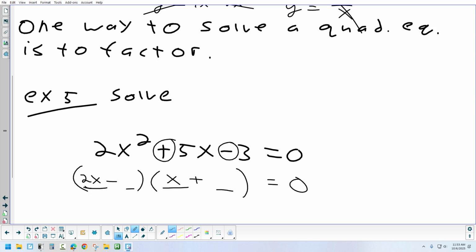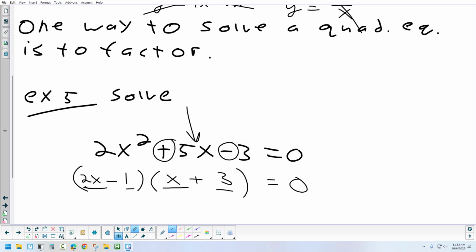Yep. 3 and 1. I'm going to put them in a different order. I'm going to do a 1 and a 3. Because, watch what happens when we check it. We already know that when you multiply the first 2, you get 2x squared. We already know when you multiply negative 1 times 3, you get negative 3. This is what we don't know. Do we get 5x in the middle?